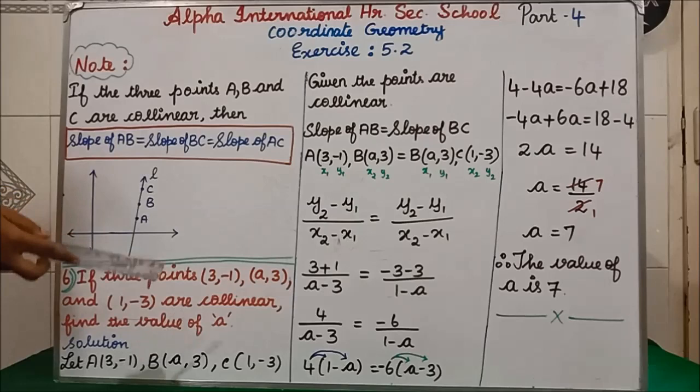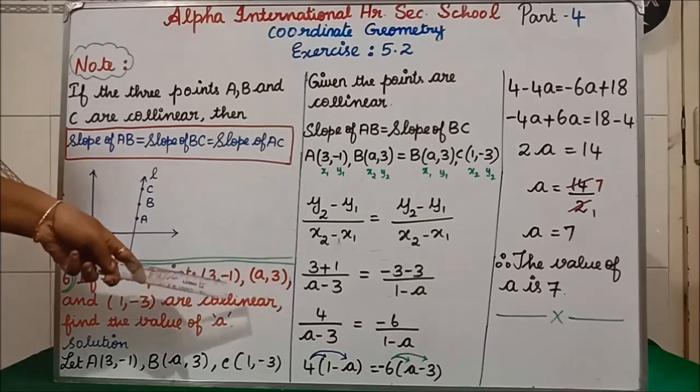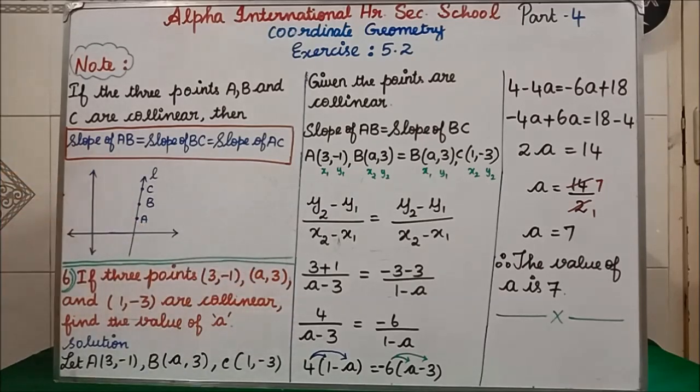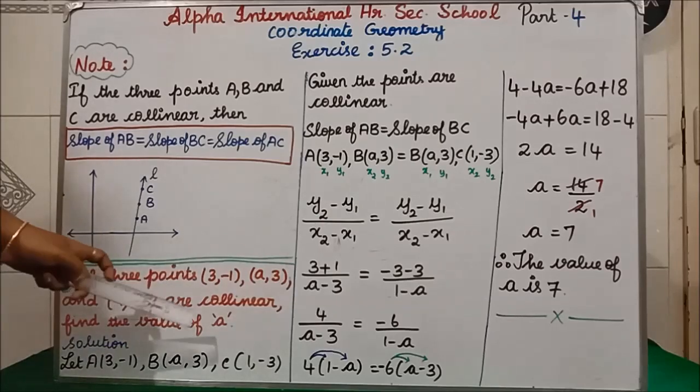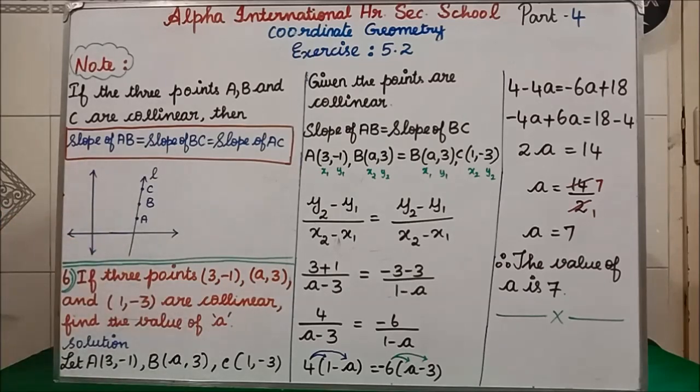If the 3 points (3, -1), (a, 3) and (1, -3) are collinear, find the value of a. Okay, what are the values they have given? A point is (3, -1), B is (a, 3), C is (1, -3).